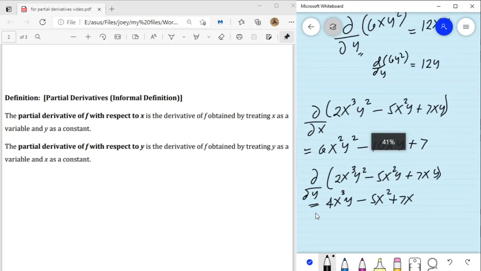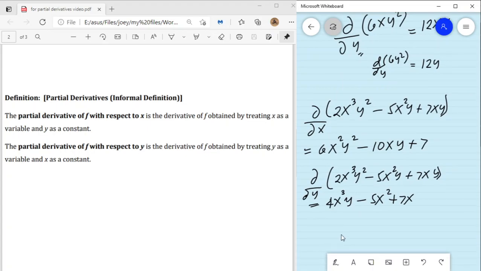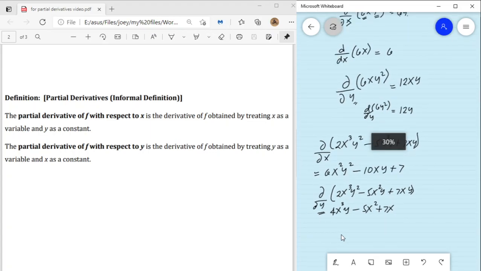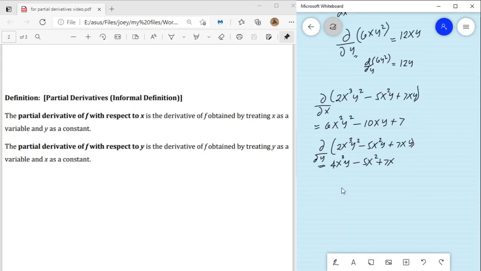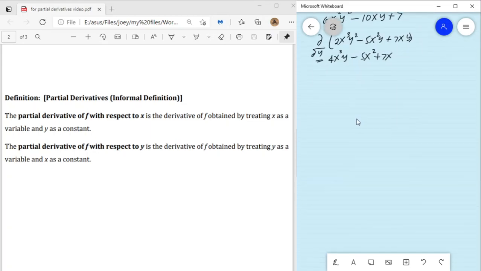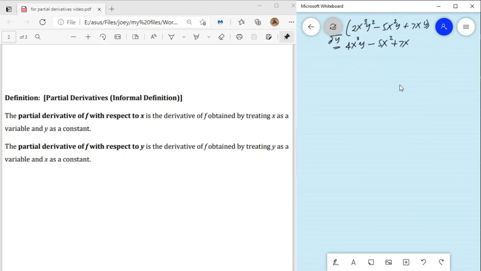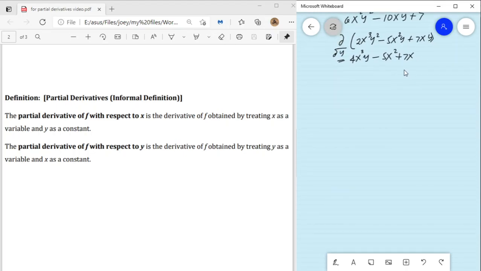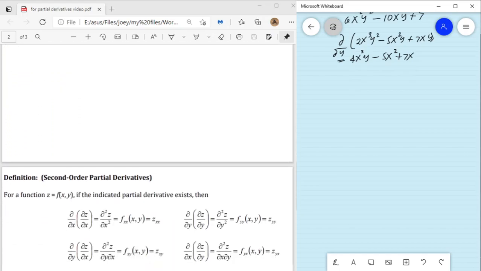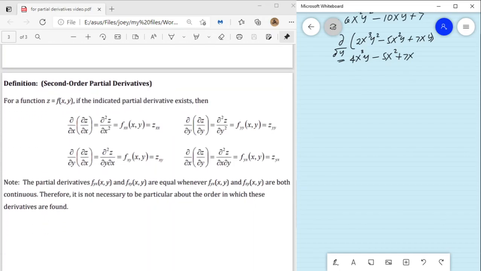Now, the concept of partial derivatives also has the concept of derivatives of higher order, meaning we can also compute second partial derivatives, third partial derivatives, and so on. So we have here the definition for a function z expressed as f of x, y.